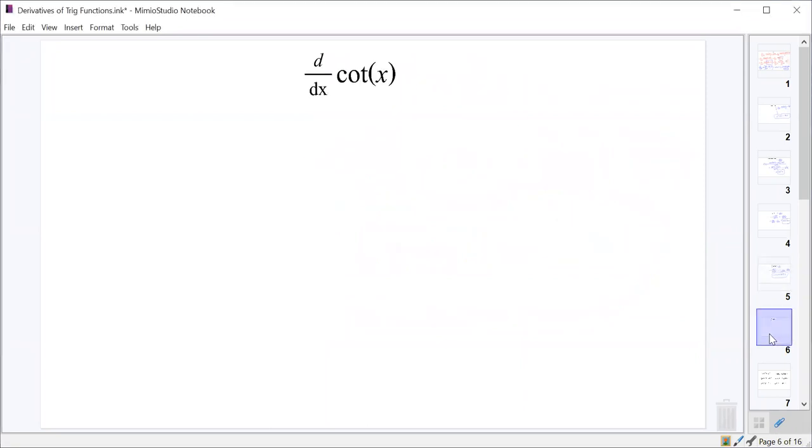All right, last one, cotangent x. Two different ways we could rewrite this one. What are the two different ways? 1 over tangent x or cosine x over sine x. Yep. Any preference? We'll do whichever way you want.